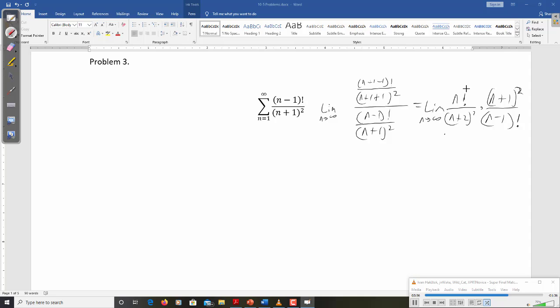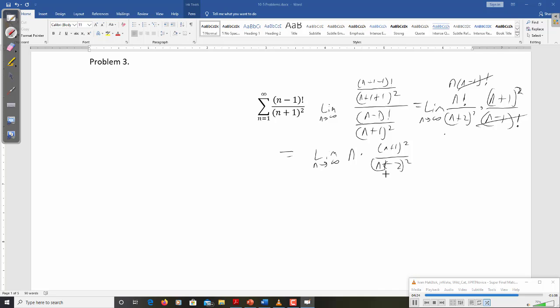So let's see, n factorial is n times (n-1) factorial. So the (n-1) factorial is going to go away. This is going to get us the limit as n goes to infinity of n times (n+1) squared over (n+2) squared.